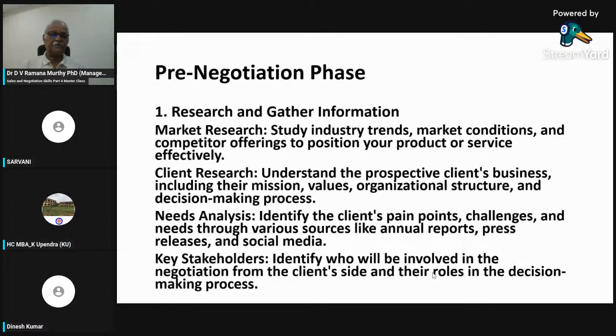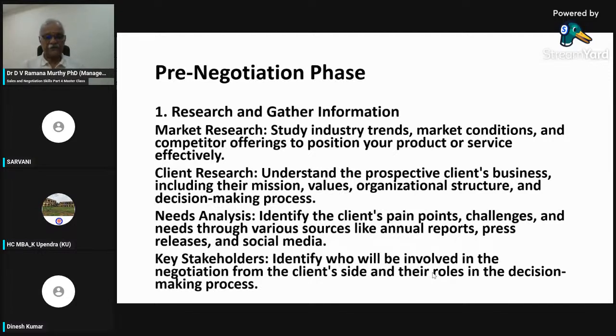The second aspect would be the client research. That means you need to clearly understand the clients' businesses, their mission and values, their organizational structure, and the decision making process, and what they actually want, what their needs are.